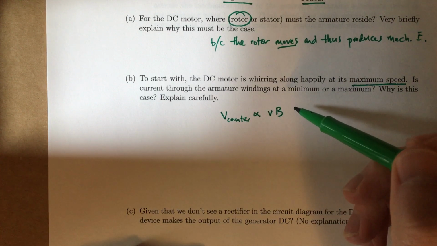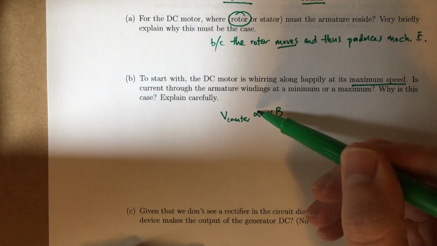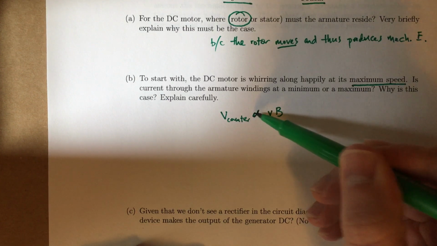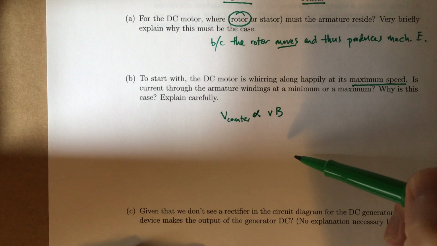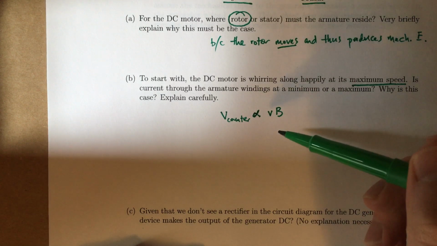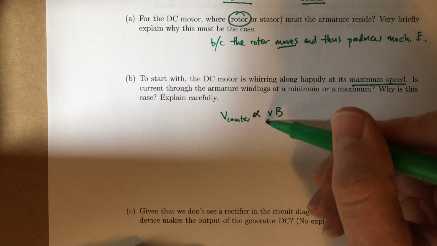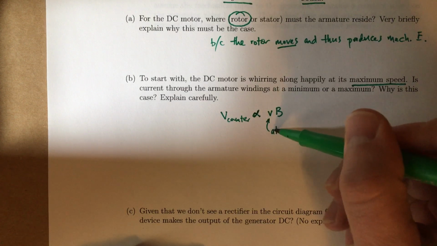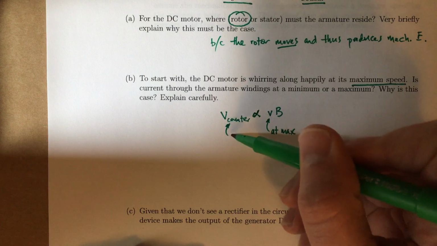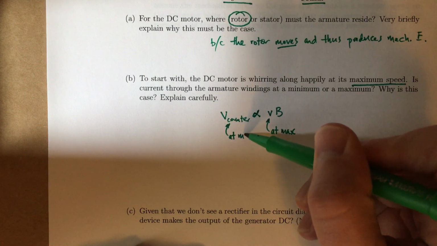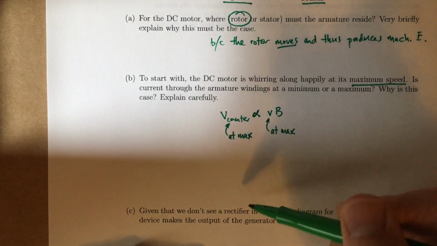So V counter, remember this is from the generator effect, and the faster we spin a coil of wire in a magnetic field, like we're doing here with the DC motor, the more counter voltage it will produce. So this is at max.